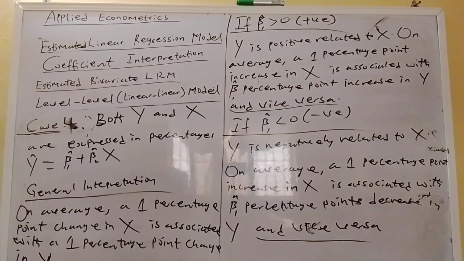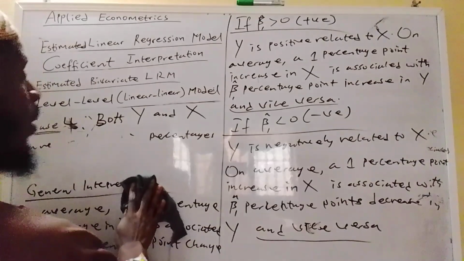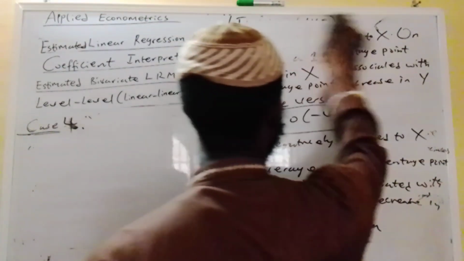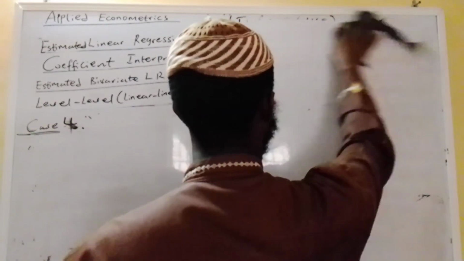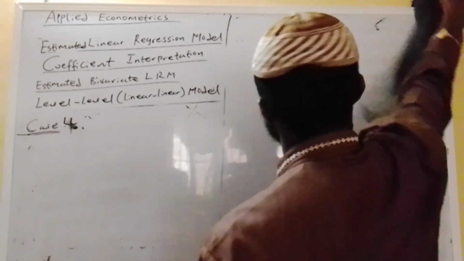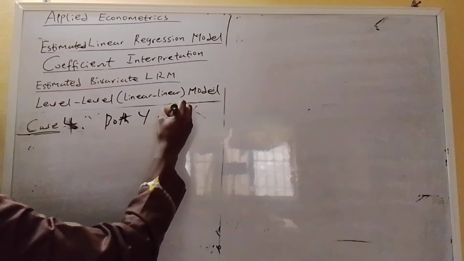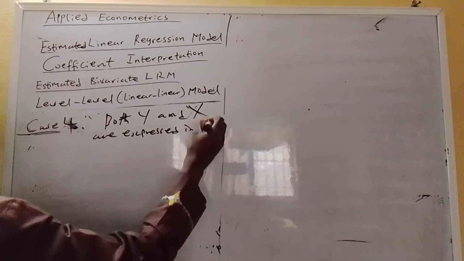All right, so let's take a numerical example of this case, that is case 4, where both y and x are expressed in percentage.